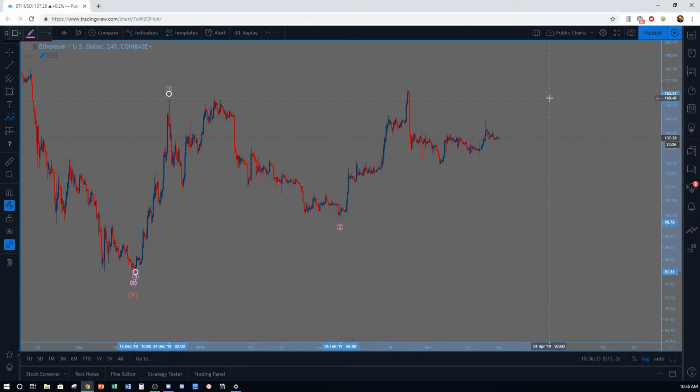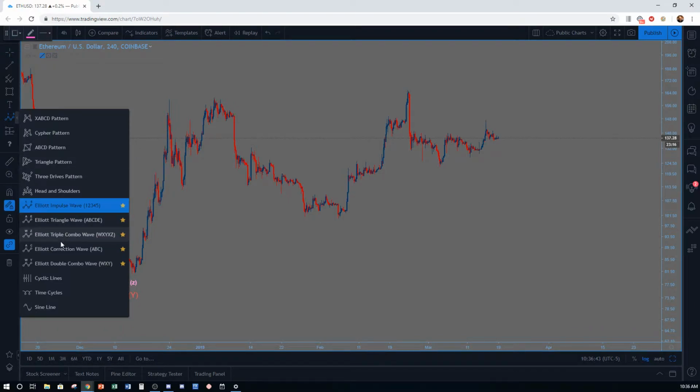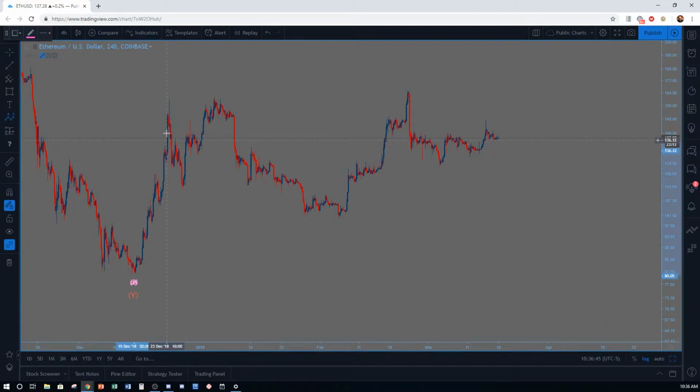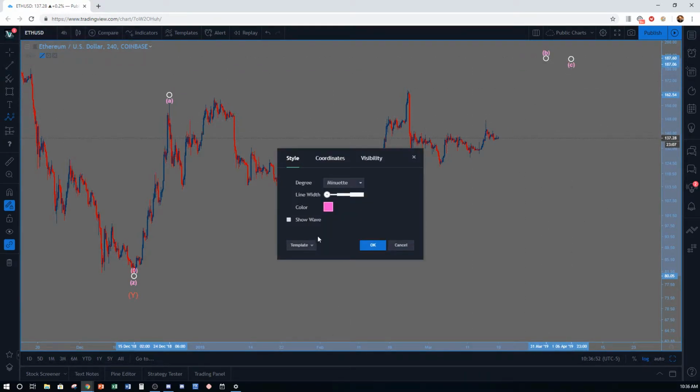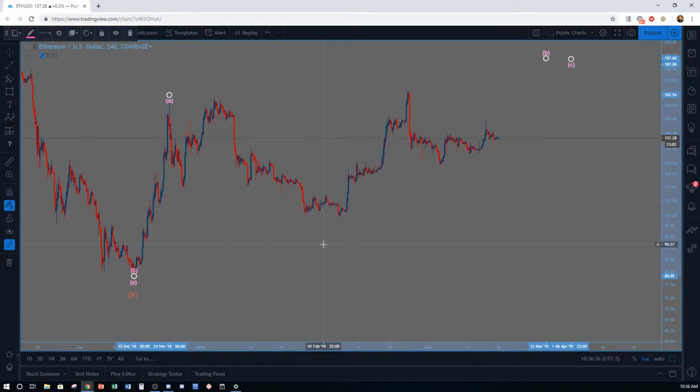Maybe they're saying that 2 is not complete yet. For me, I don't believe that to be the case in any way, shape, or form. For me, this first move is clearly some kind of A wave, or W, it doesn't matter. You can actually make a pretty solid case that it's a W and not an A.